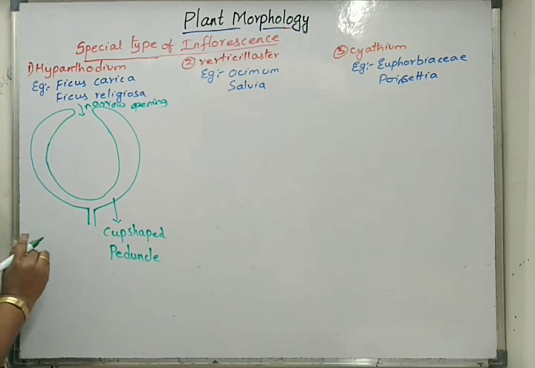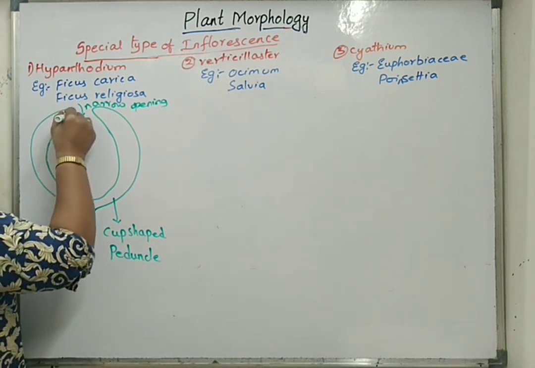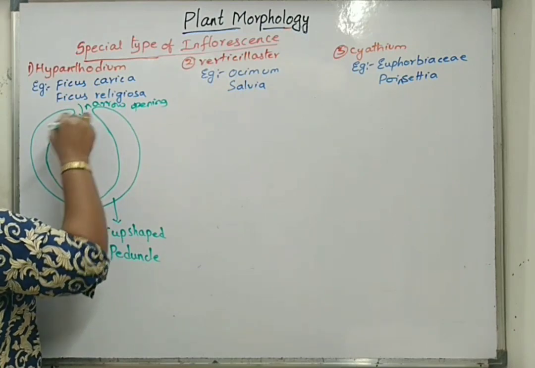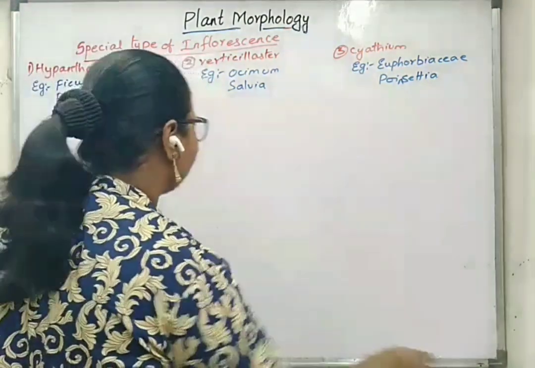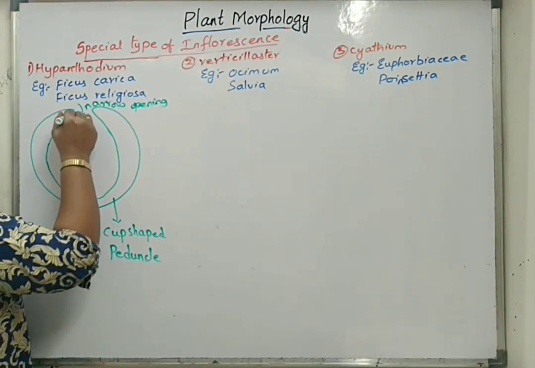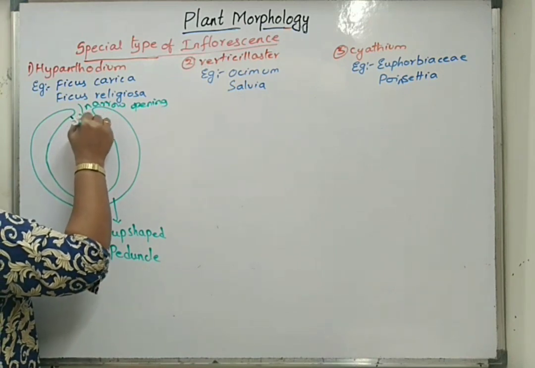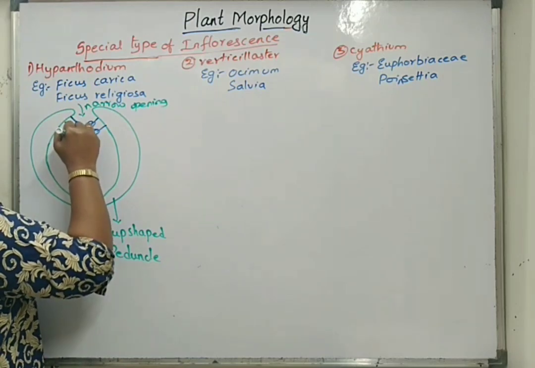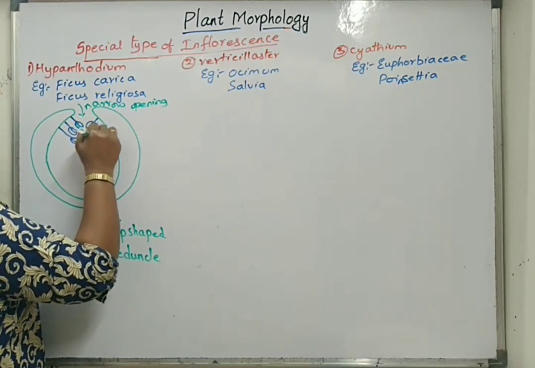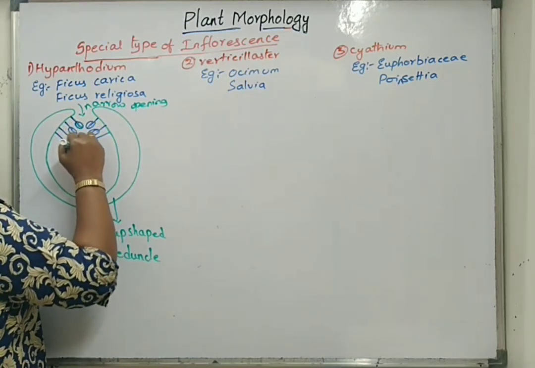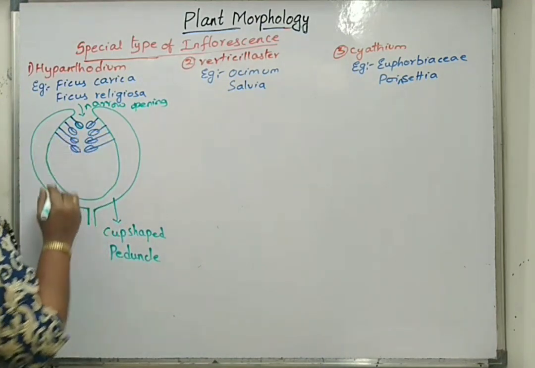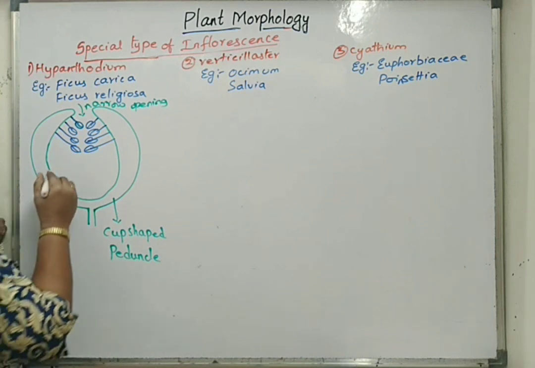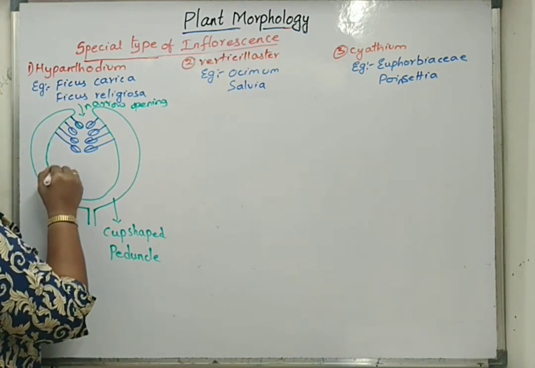Since we are telling it is a modified special type of inflorescence, inflorescence means it must be having flowers. So this is the location of male flowers. And the bottom part is the location of female flowers.